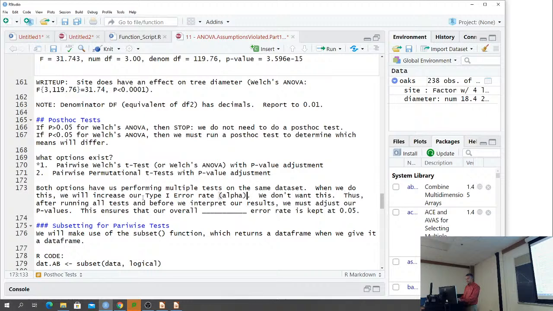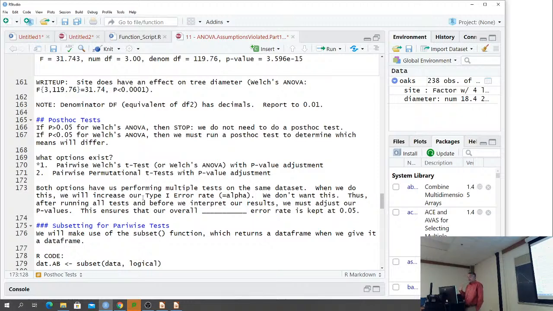This is alpha. Our type 1 error rate will increase because we're making it more and more likely that we falsely reject the null hypothesis. And we don't want that. Now, each test that we run has a 5% chance of a type 1 error, but collectively, the chance that we have committed a type 1 error is going to start incrementing, going up with every single test that we run.